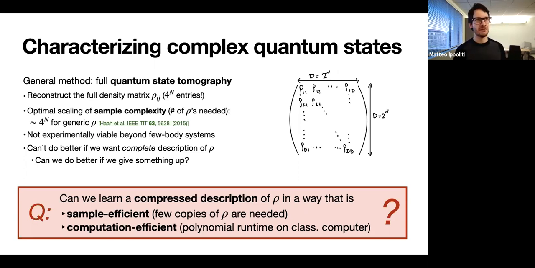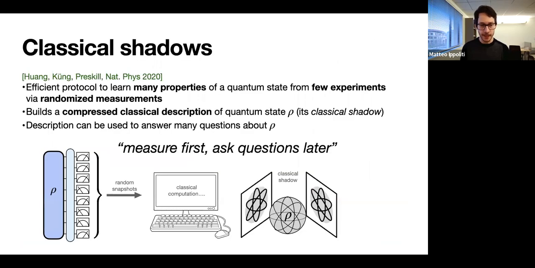So it requires a number of preparations of the state that is not unreasonable, and also efficient classically, so that any kind of classical post-processing I need to do can be done in polynomial runtime on a classical computer. So this is the general question that classical shadows set out to answer.